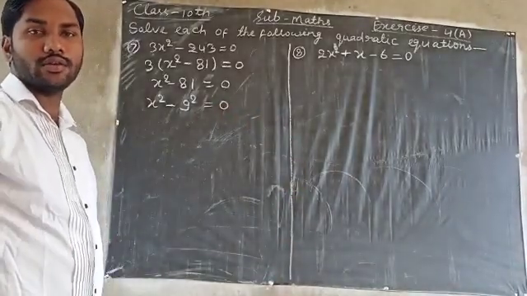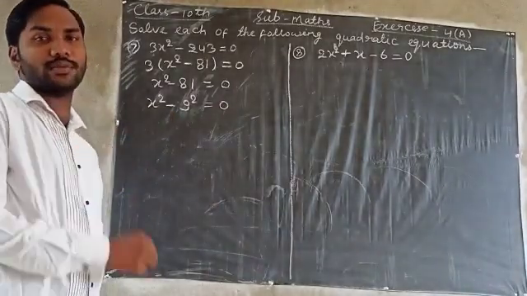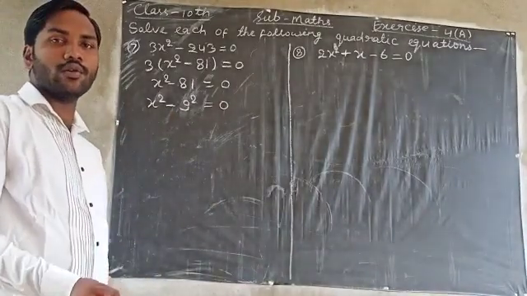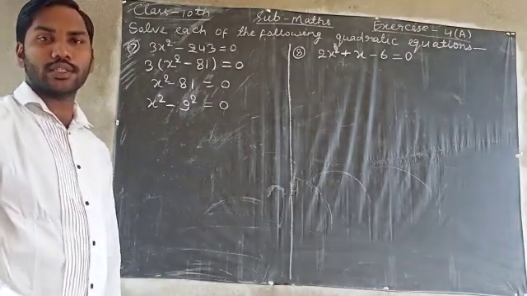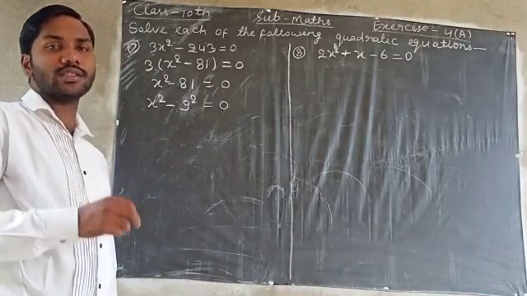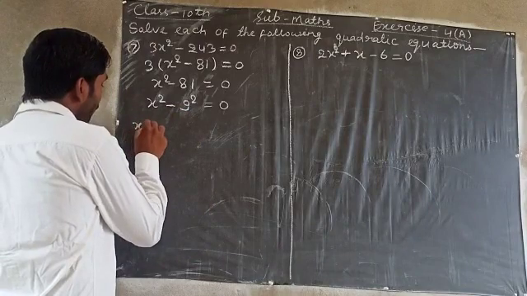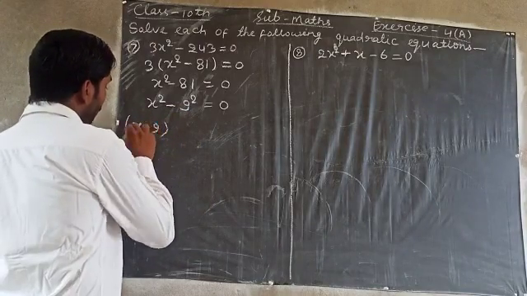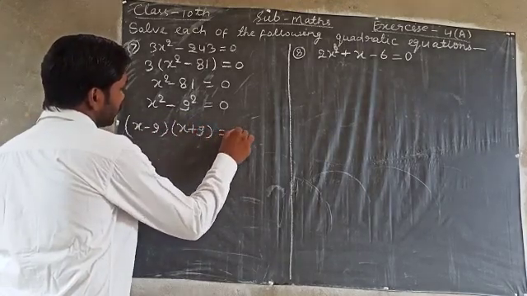Now you can see that this is in the form of a square minus b square, and you already know the formula: a square minus b square is equal to a plus b into a minus b. So it will be x minus 9 into x plus 9 is equal to 0.